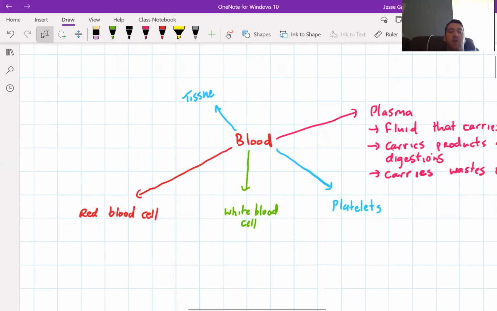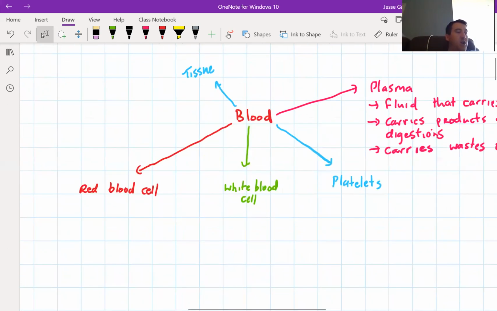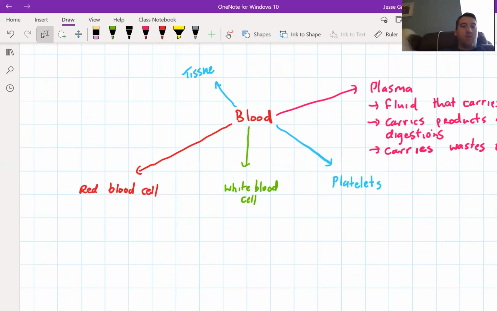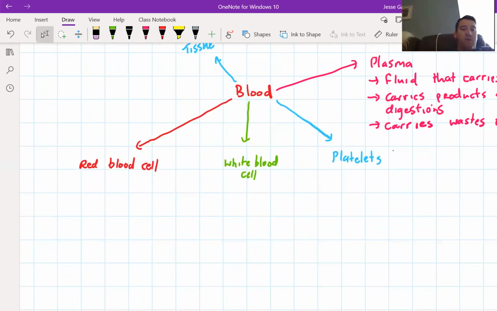All right, let's look in more detail at the other little components here. First of all, let's focus on the red blood cell. The red blood cell has a shape kind of like this. I'm going to draw it in two ways. First of all, I'm going to draw it as if we're looking at one from the side. It's kind of like a disc shape, but it caves in on the bottom and it caves in on the top.